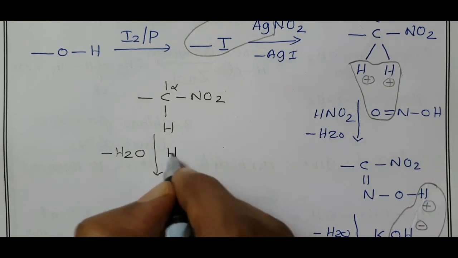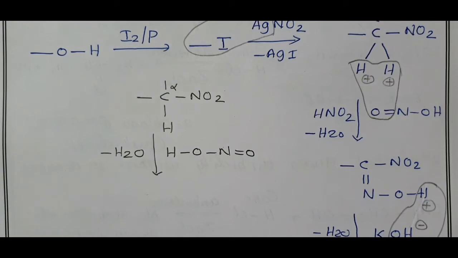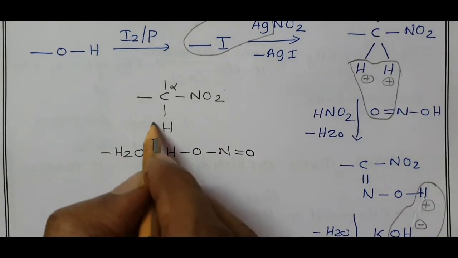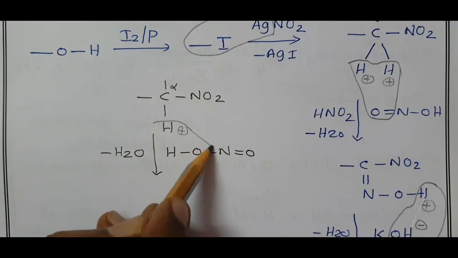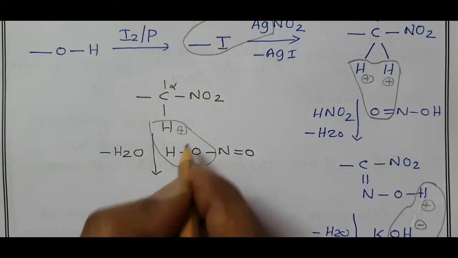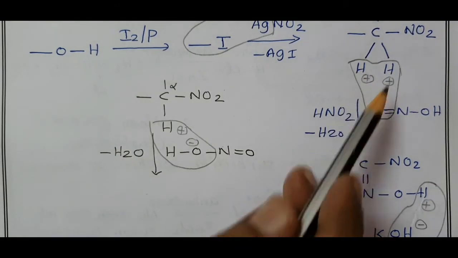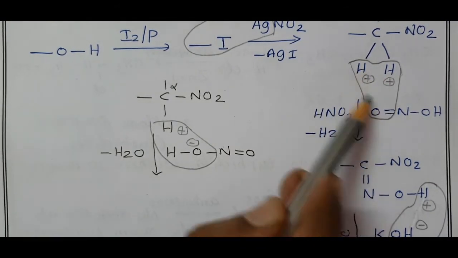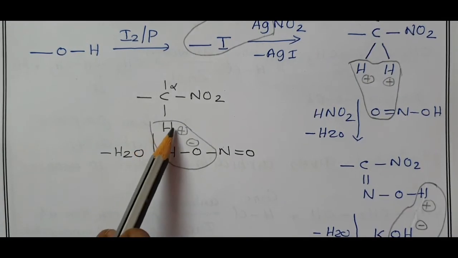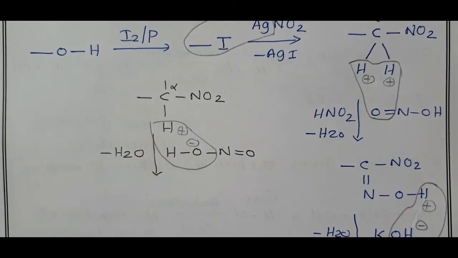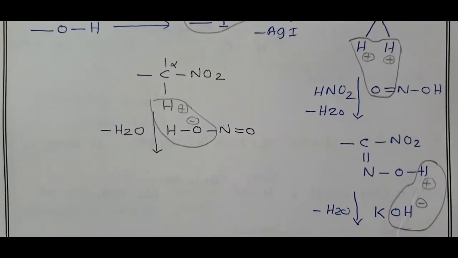Therefore, from nitrous acid, OH minus undergoes reaction. H plus from the alpha carbon, and this OH minus are removed. There we had two alpha hydrogens, therefore that oxygen reacted and H2O was removed. Here we have only one alpha H, therefore this H plus removes OH minus, and a single bond is formed between carbon and nitrogen.